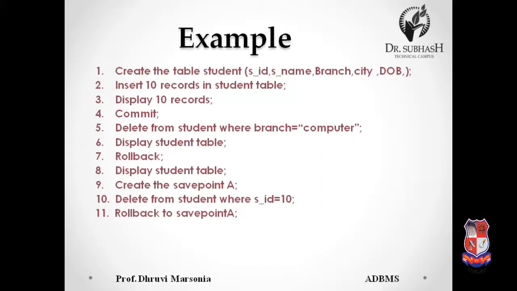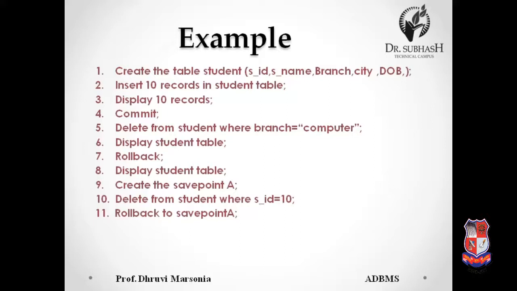First of all, create the table at the SQL prompt. After creating the table, insert 10 records in the student table. After that, display all 10 records from the SQL prompt. Then make a commit, so the 10 records are permanently stored in our hard disk.